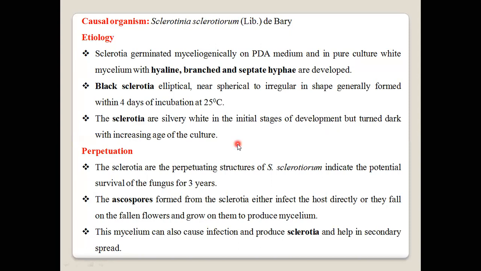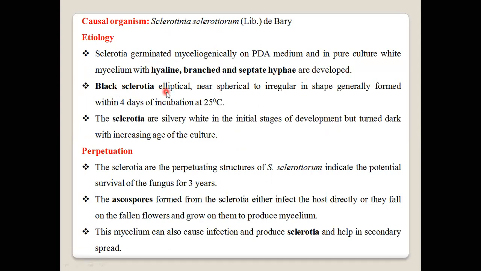This Sclerotinia sclerotiorum fungus reproduces under favorable conditions and finally develops sclerotia, and hyaline, branched and septate hyphae are produced.